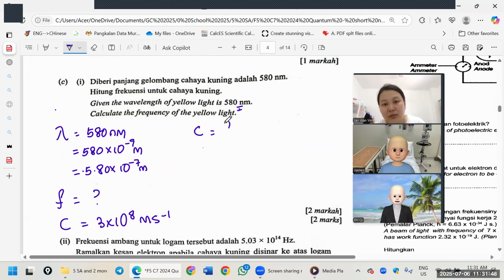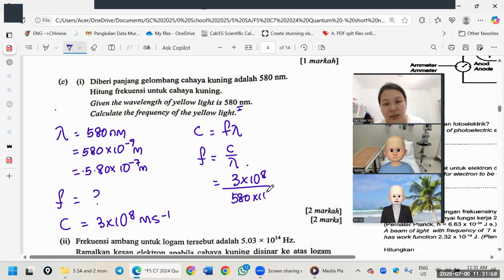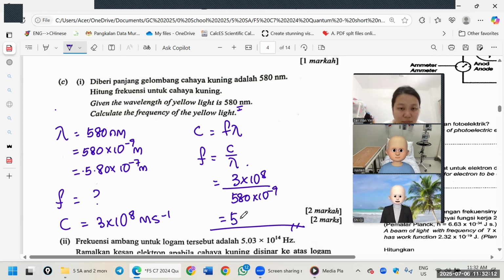So for me, I like to do this, f equals to c over lambda, 3 times 10 to the power of 8 divided by 580 times 10 to the power of -9. Answer. Remember, 3 to 4 decimal places.